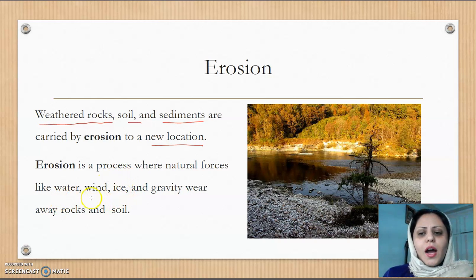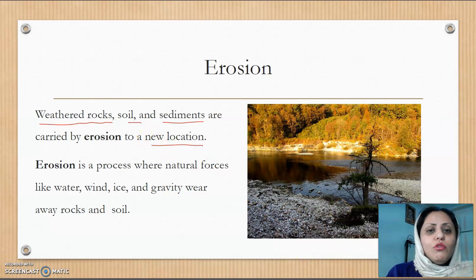In the form of ice, we can talk about glaciers. At the bottom of a mountain glacier we have rocks, and these rocks or pebbles can be moved by glaciers to another place as the glaciers are moving, during thousands of years. And also because of gravity, small rocks or pebbles can fall down and go to another place.